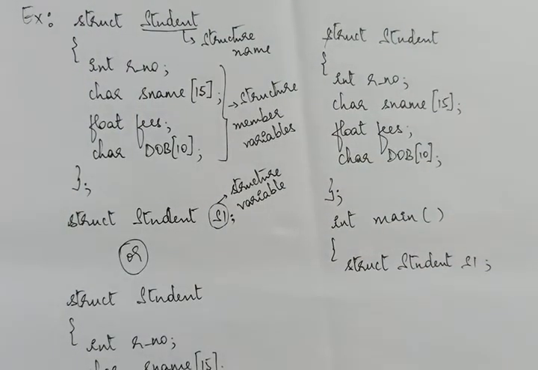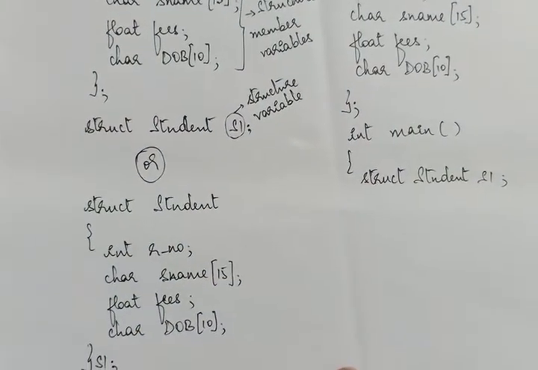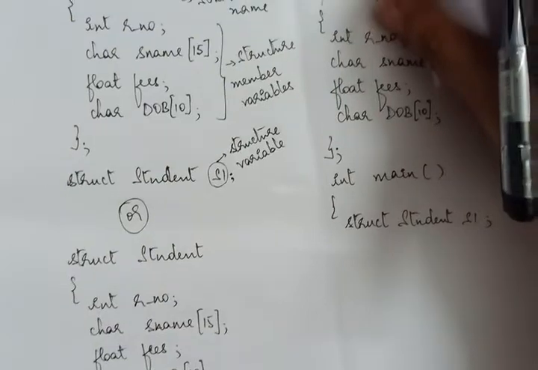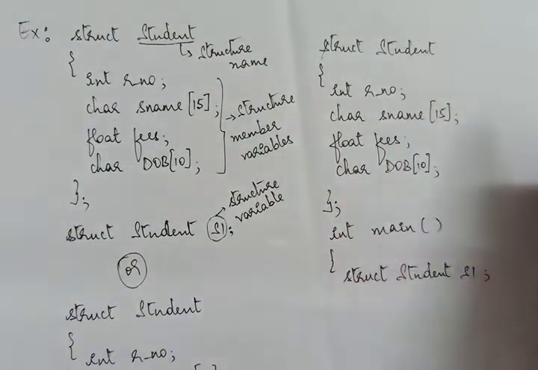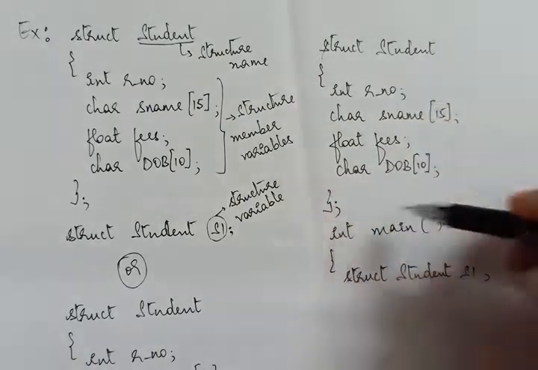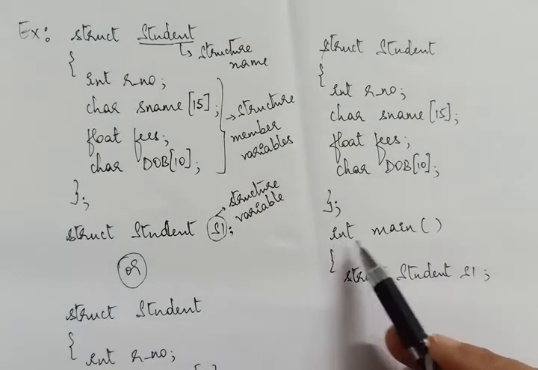But this structure declaration can be inside the main function or it can be outside main. If it is inside main, then you can use either this type or this type of structure variable creation. If it is outside main, as I have written here, there is a structure template created or the declaration done, then int main.